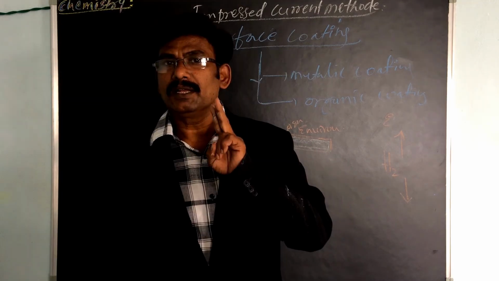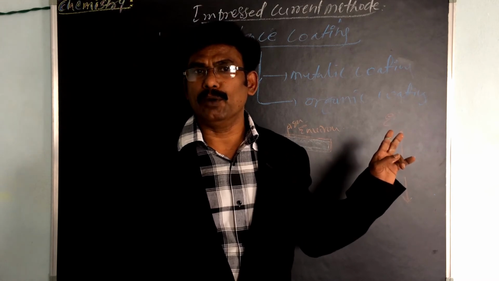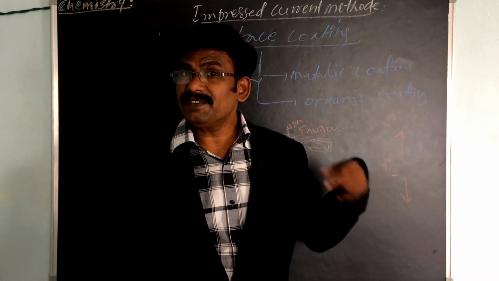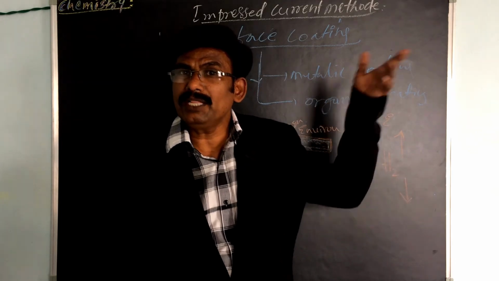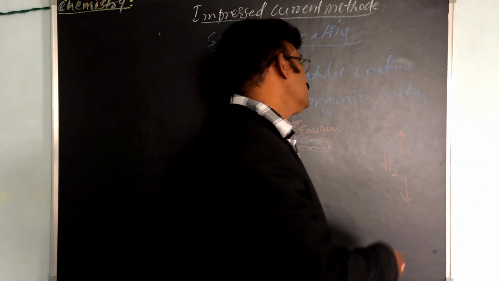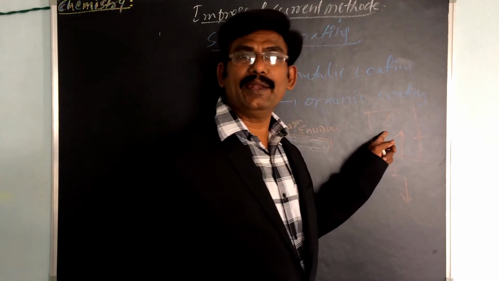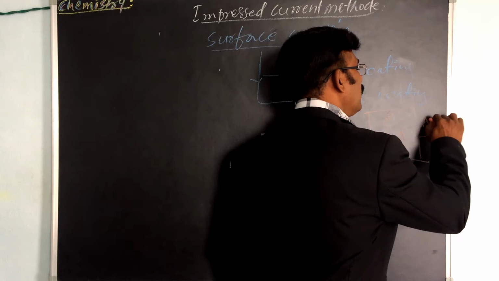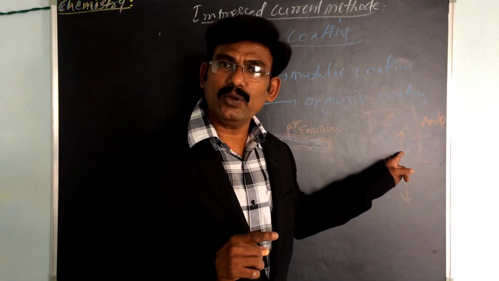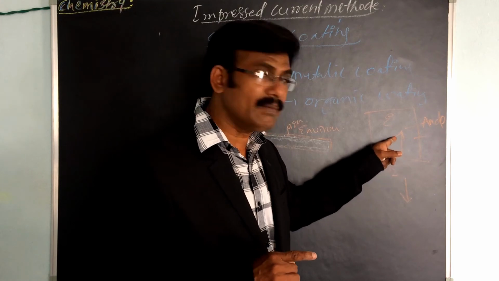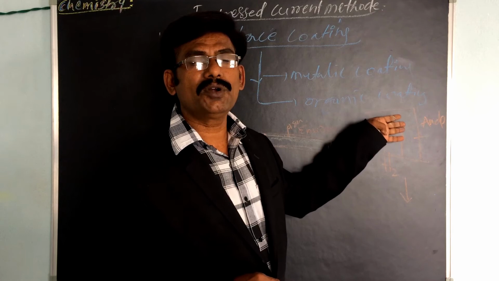We know that in this metallic coating, two things are there, above and below. Metals which are anodic to the metal are the metals above in the galvanic series, for example lithium, sodium, potassium.